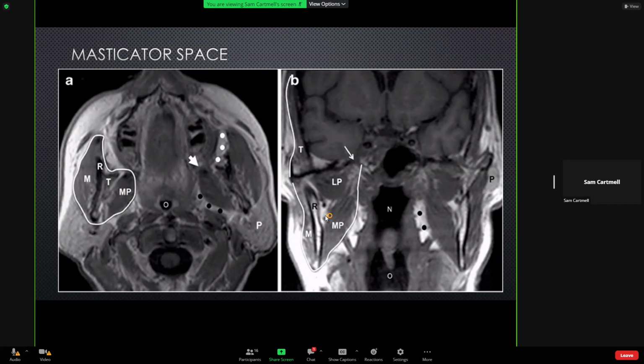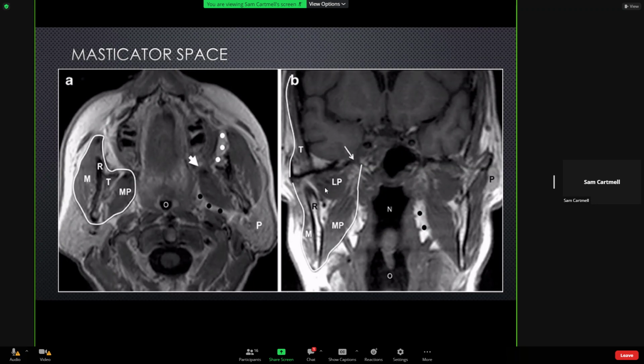One of the important features of this space is that it involves the pterygoid muscles, but also the fat and nerve, like the V3 division, which comes out of the foramen ovale in the infratemporal fossa here.